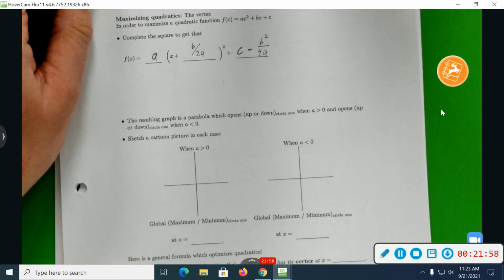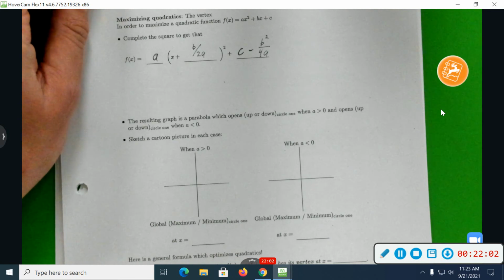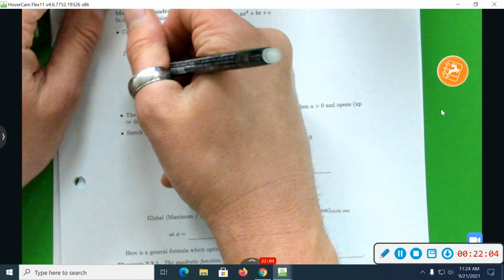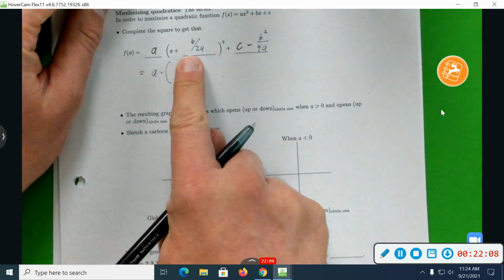And if you want to check that, because maybe you doubt that I'm able to write a formula correctly, we can check it by expanding. So that'll be a times, let's expand that out.